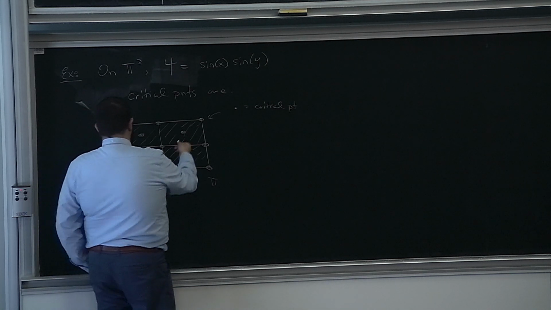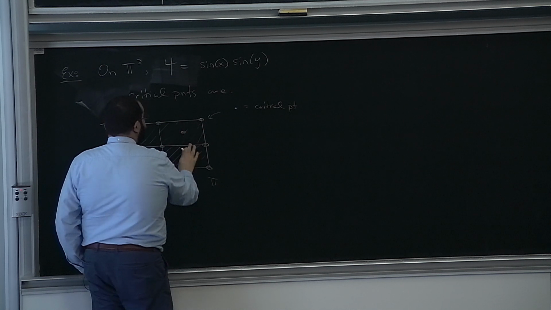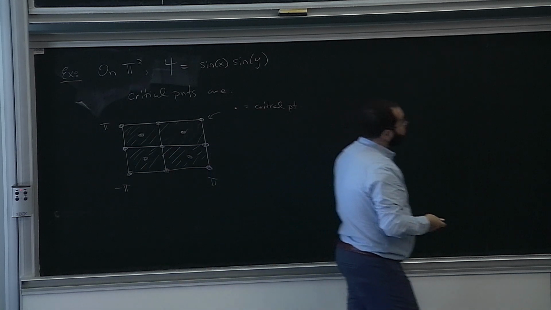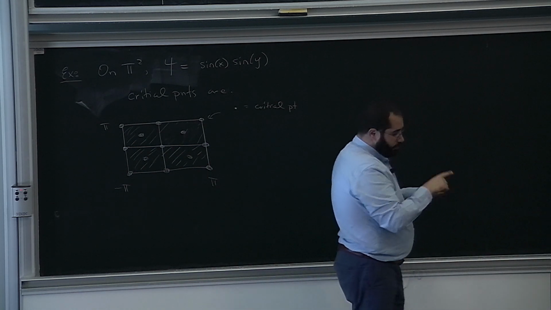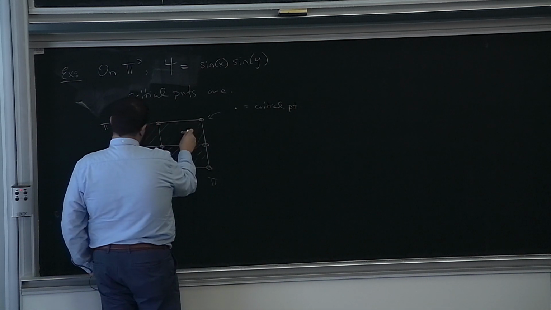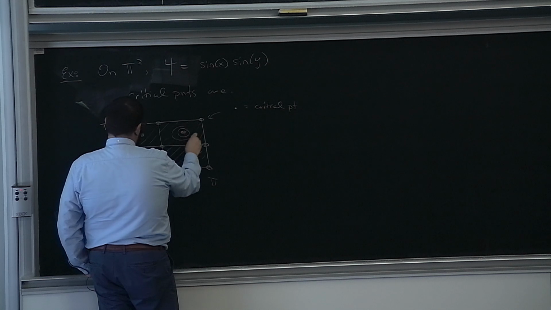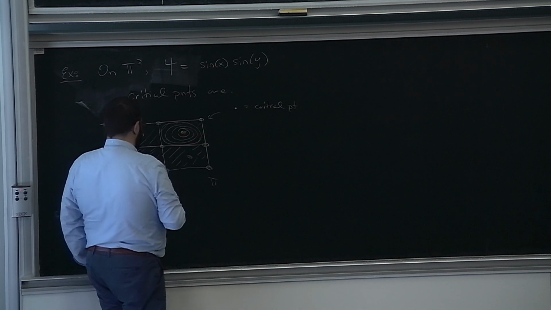Okay, and if you have looked at this before, you know that because of this fact 2, the transport is moving along the level sets of psi, so you should draw the level sets. So the level sets of psi are circles like that.